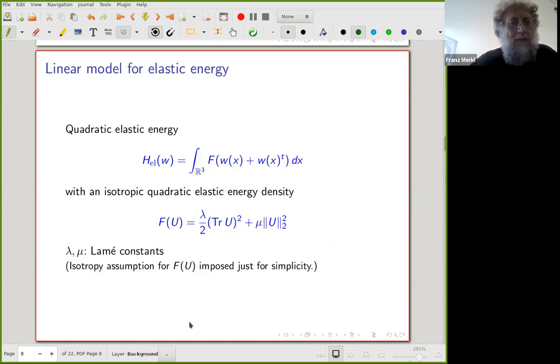Now, let me talk about the model for the elastic energy. So it's just the usual elastic energy for deformations, in linear approximation, of a crystal.